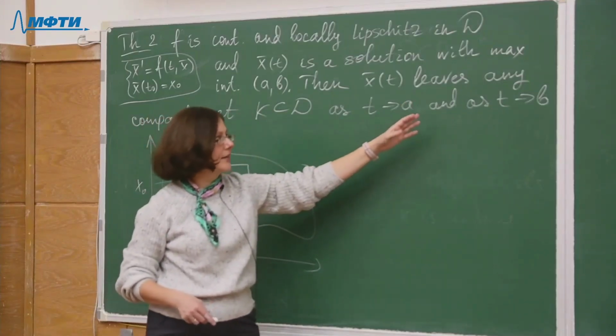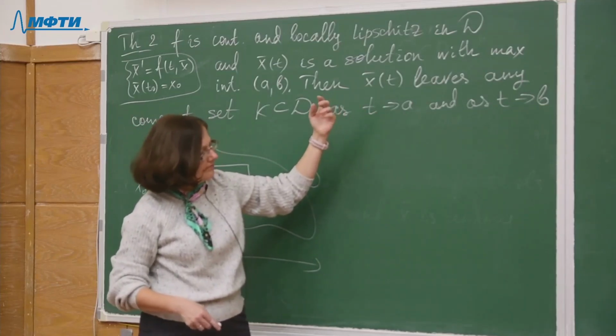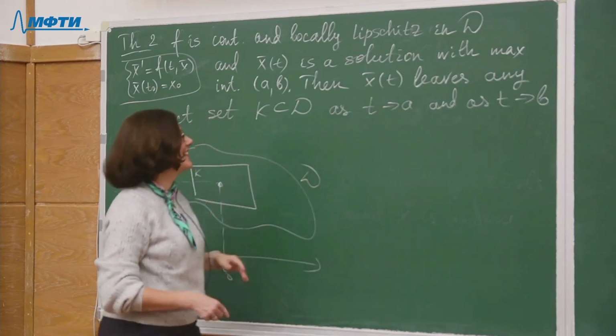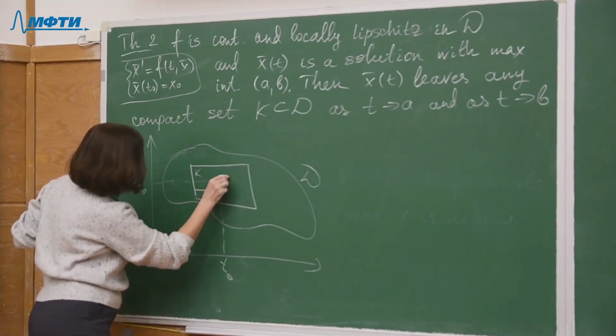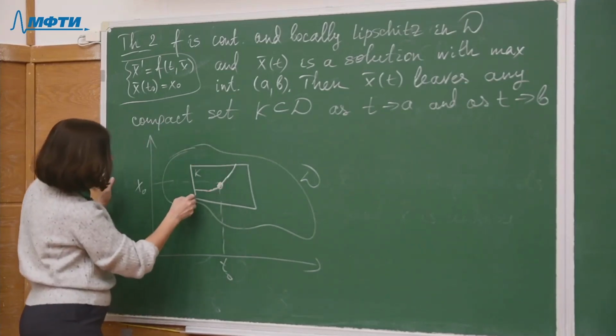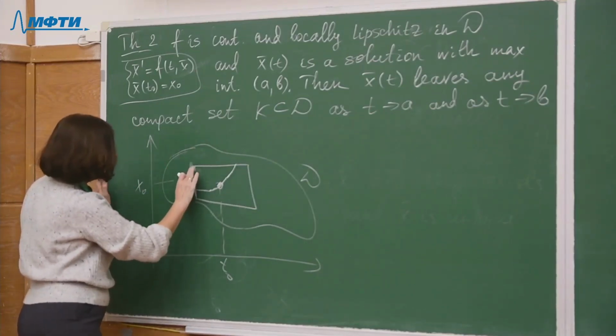Okay, so as t approaches A and t approaches B, this means that our integral curve intersects the boundary of this compact set, right?